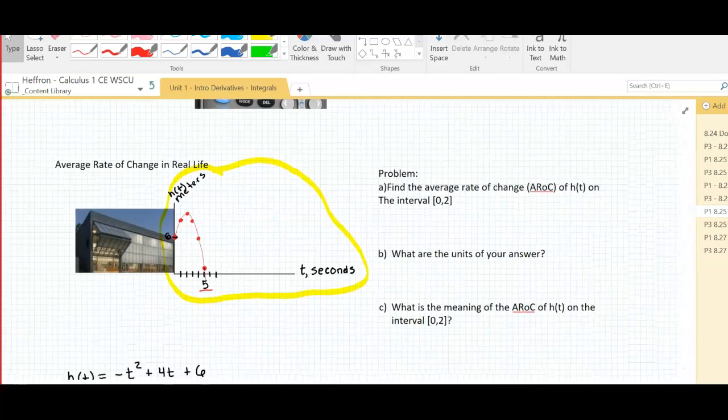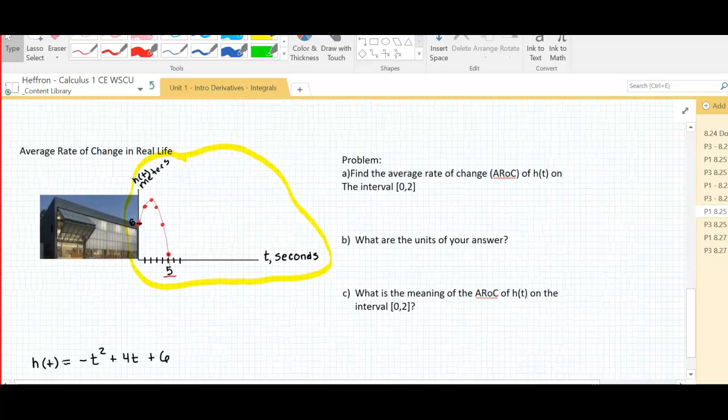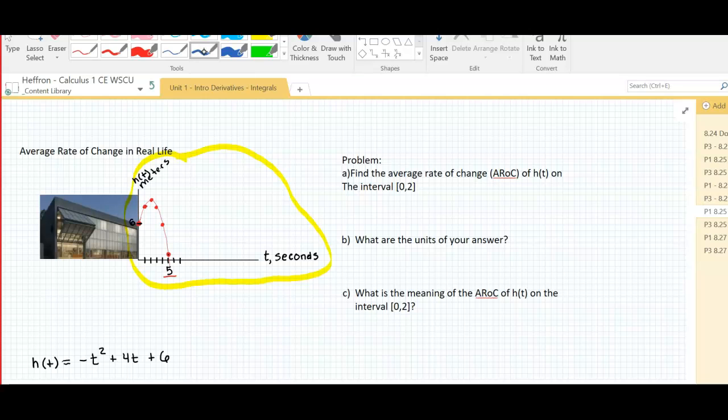Now it turns out that the curve that we just drew is this h of t equals negative t squared plus 4t plus 6.